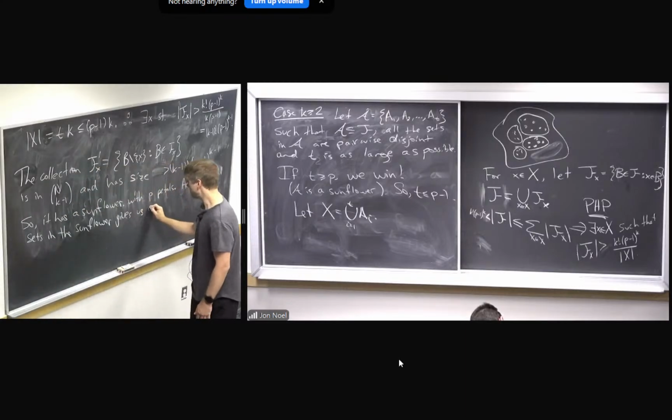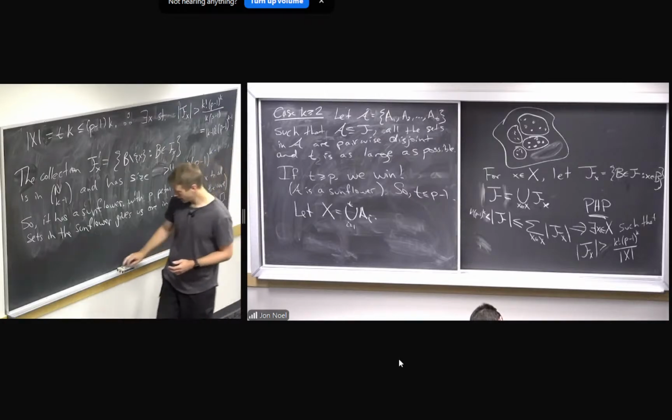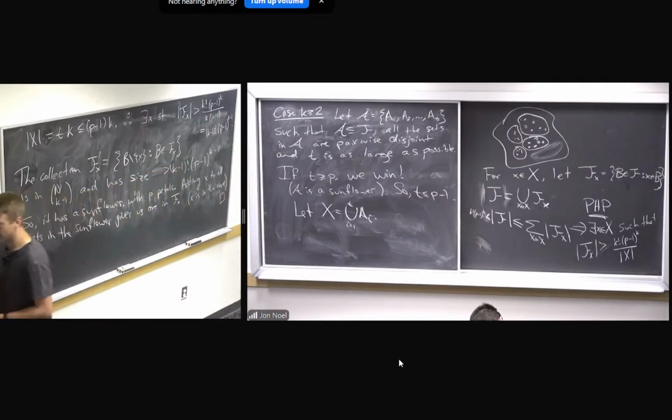So it gives us one in fx and therefore in f. So now x is in the core. Okay. Does that make sense?